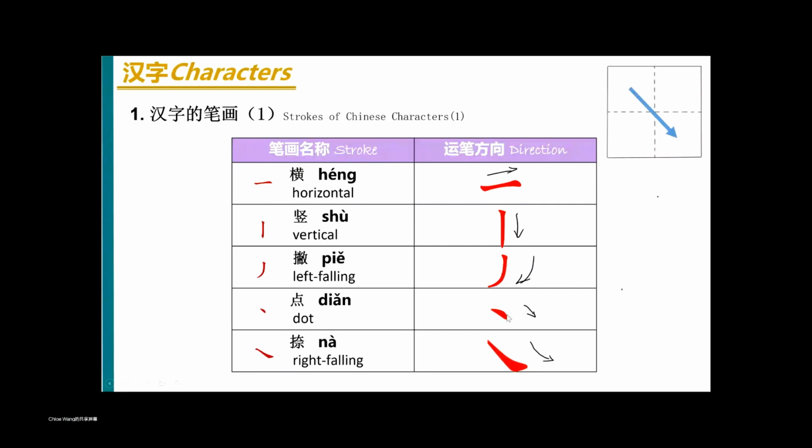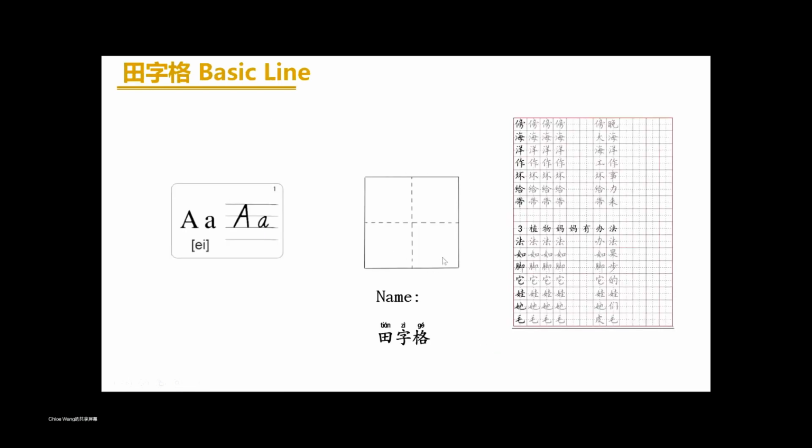And then 点 and 捺 are the most classic ones. These two strokes follow our rule here, from the left top to the right bottom. This mark, I need you to remember, because whenever you see this, it means we are going to practice Chinese characters.